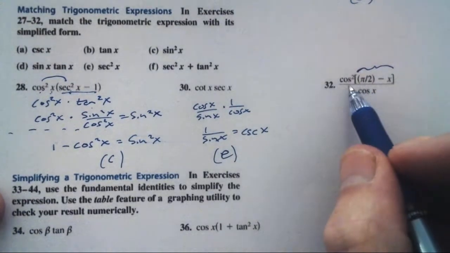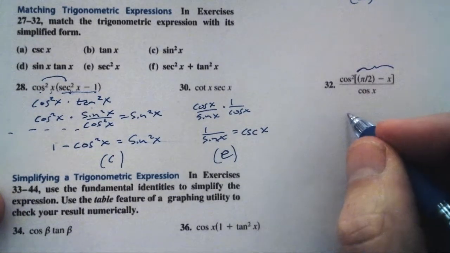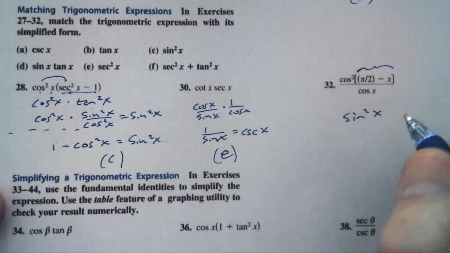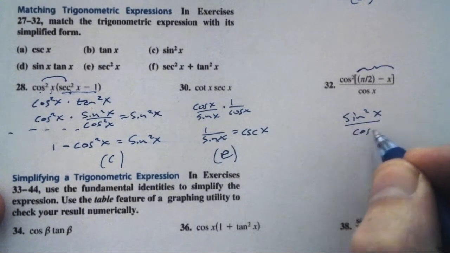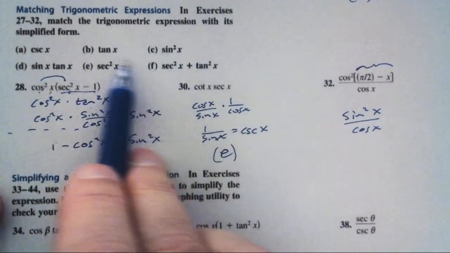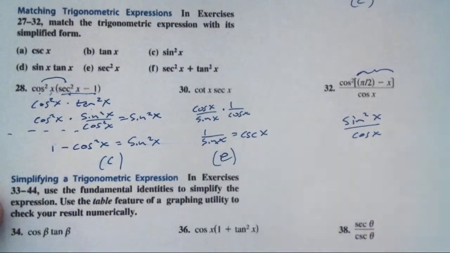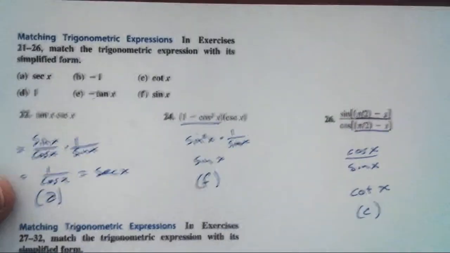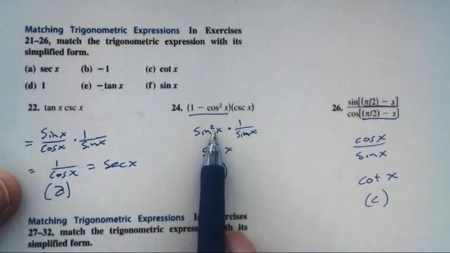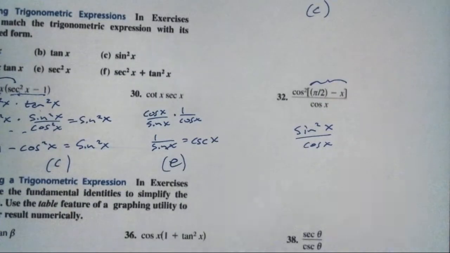Cofunction rule. Cosine squared of this angle is sine squared of plain old x on cosine of x. So we look and see, and we're like, oh, I don't have anything up here that looks like that. So what could we do? I mentioned up here, the best thing we can do is if we can get everything in terms of just one trig function, it's probably worth doing.